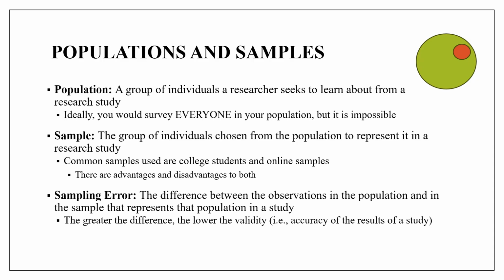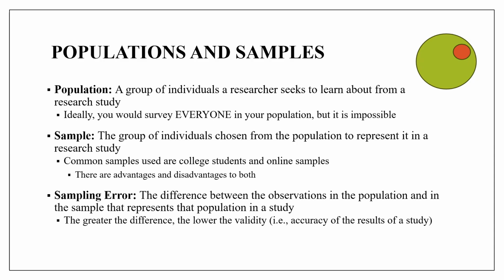It's going to see what is the difference between the observations in the population, so what is actually true in the entire population, versus the sample that we're using to make predictions of this population. So the greater the difference between the population and the sample, the lower the validity of our results, which is indicating that the accuracy of our results is most likely going to be low.